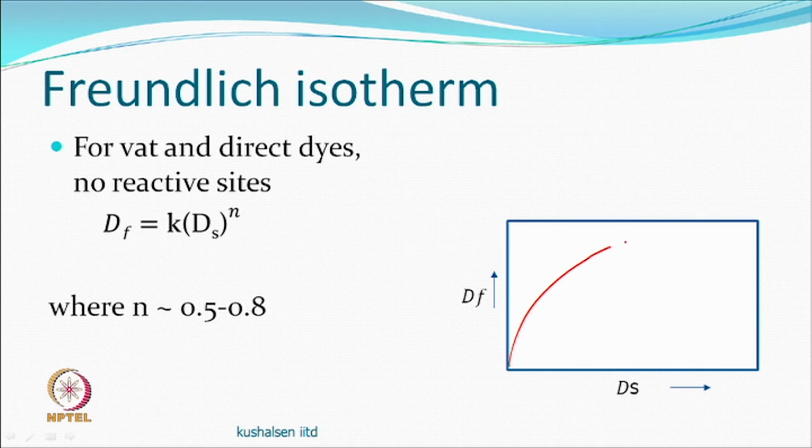The values of k and n would differ from fiber to fiber, like dyes which do not actually depend on any site. The fiber has many sites or amorphous areas, and the dye just diffuses and enters there. As I said, some of the dyes will behave like this, but when the concentration becomes too high, the formulas may not really fit the way we want them to, but nevertheless mostly it is going to be true.